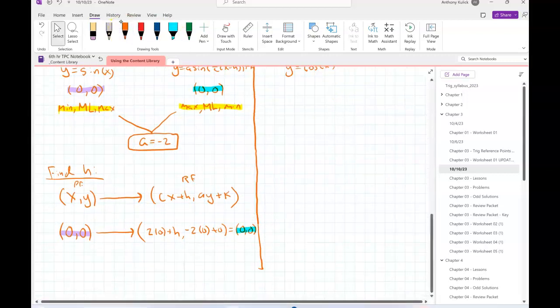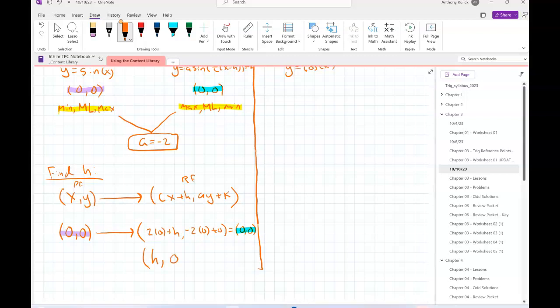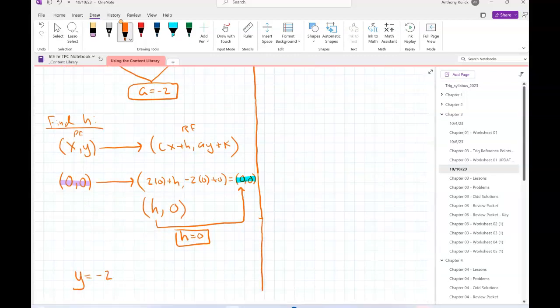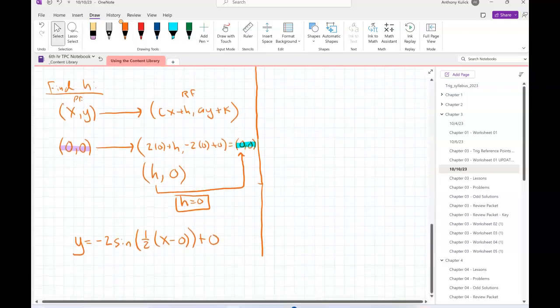So if I simplify this, 2 times 0 plus h is just h. -2 times 0 plus 0 is 0. So that tells me that the h is just 0. So now I have everything I need, so I can plug everything in.